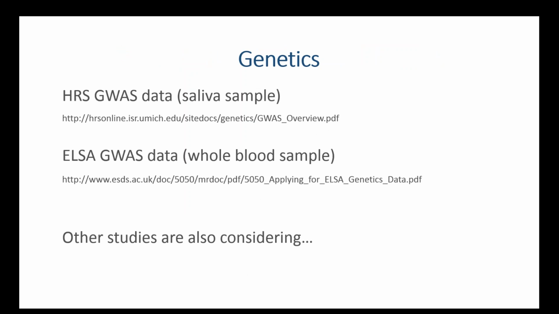Currently just 2 studies have genetic data available: the HRS, which collected a saliva sample and has done a full GWAS on that, if you're familiar with genetic analysis, and ELSA, which also has done a full GWAS using whole blood samples. For both the genetic and some of the blood measures, it takes a little bit more work. There's a higher level of scrutiny to get access to the data, but those are both available.